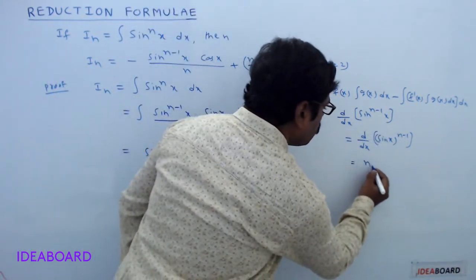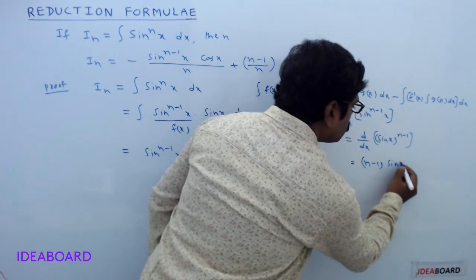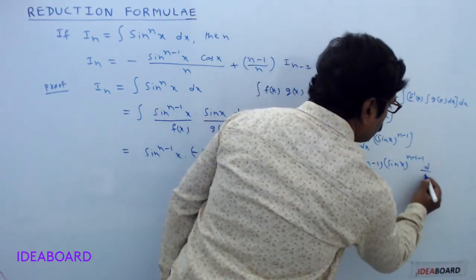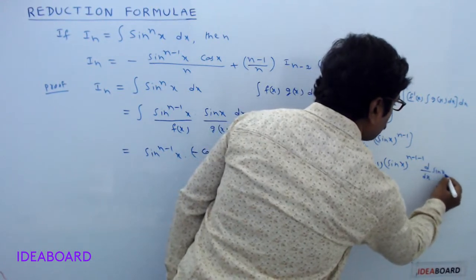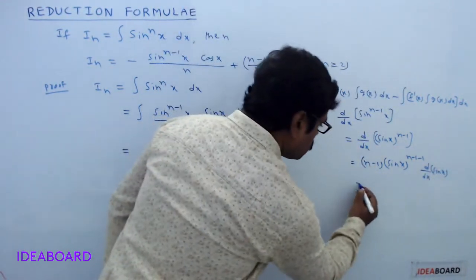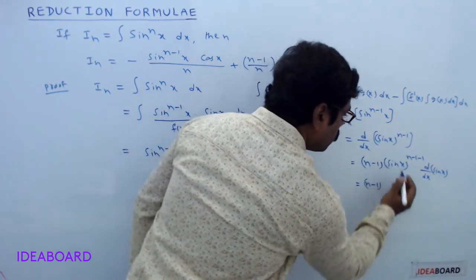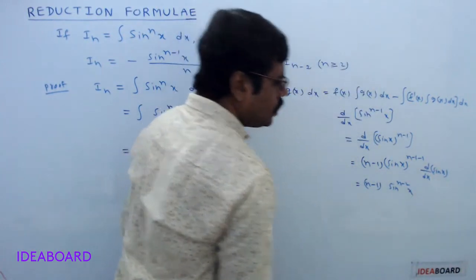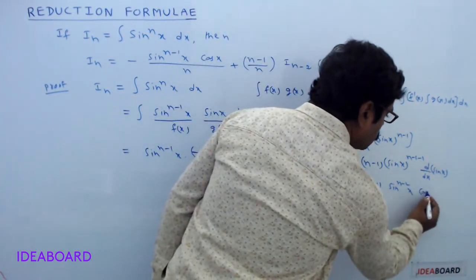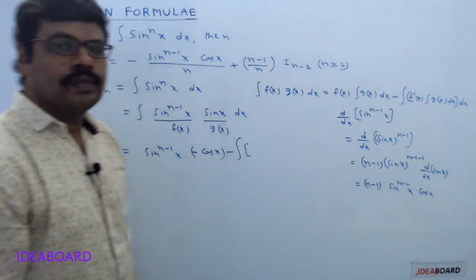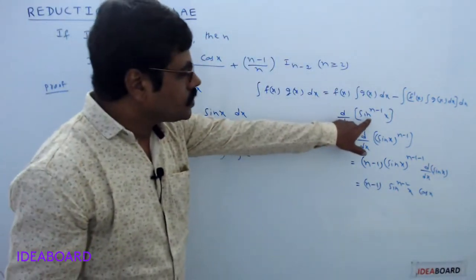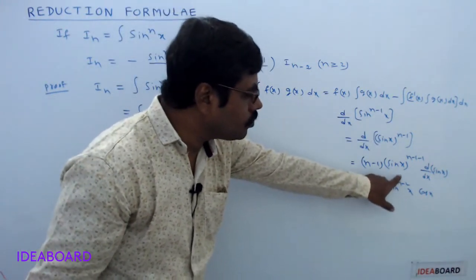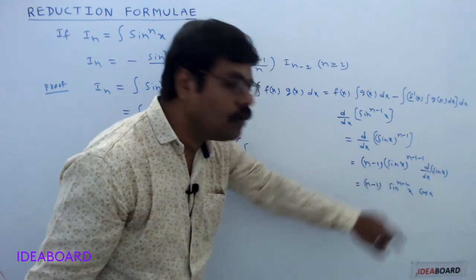So it is (n-1) into (sin x) whole power (n-1)-1 into the derivative of sin x. So this is (n-1) into sin^(n-2) x into the derivative of sin x, which is cos x. Now the derivative of sin^(n-1) x is (n-1) into sin^(n-2) x into cos x.